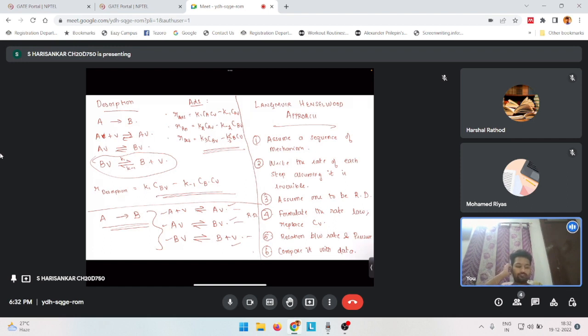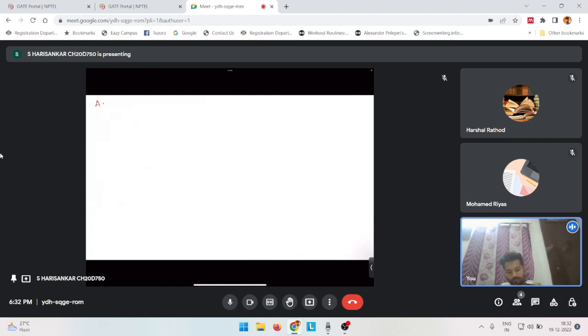Also, in the last class I mentioned that here you had adsorption, reaction, and desorption as the three possible steps that can be rate determining, because diffusion is very fast and can't be rate determining, right? So let's say adsorption is rate determining.